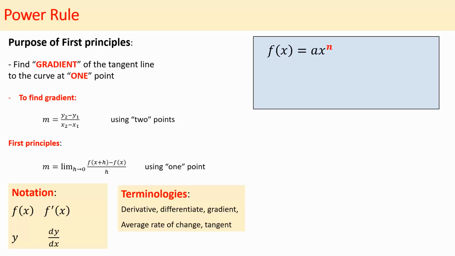Then you can use this rule, instead of doing the first principles, going through all this process to get the final answer, where you make h approach 0. This is the shortcut. Okay, so they've done all the proof for it. There's a proof where it all cancels out, and it ends up being this. Okay, so the answer is n, which is whatever the power is, times whatever the original a was, times x to the power of n minus 1.